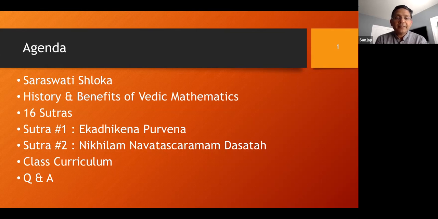We'll take two sutras just to give you a flavor of what a Vedic mathematics class is like and some of the principles around Vedic mathematics. Especially, I picked two sutras that will help in day-to-day mathematics, and at the end of this 30 minutes I want to make sure that this is not only information, but you get to know some little bit of Vedic mathematics.